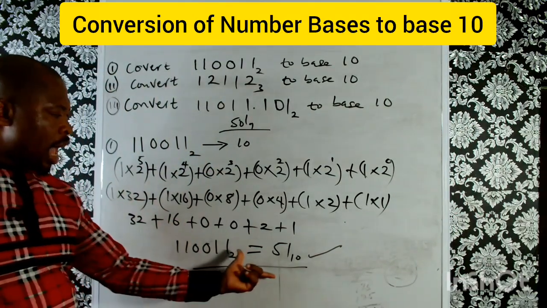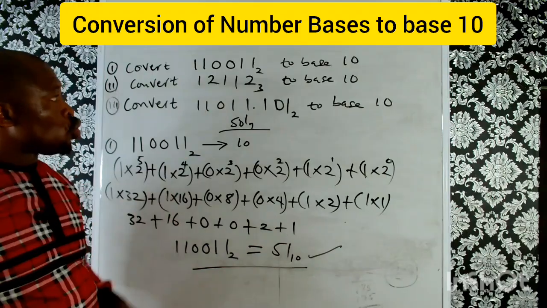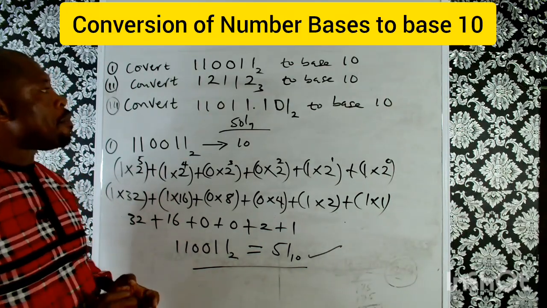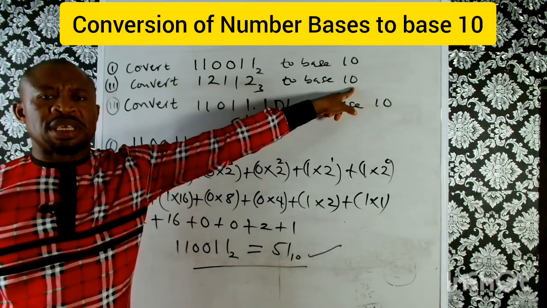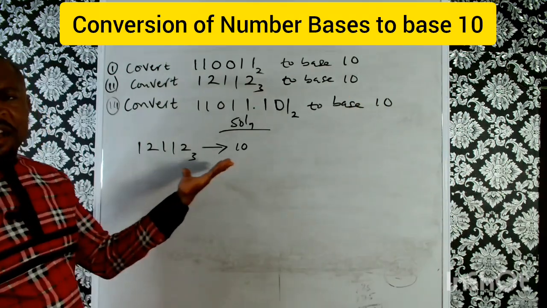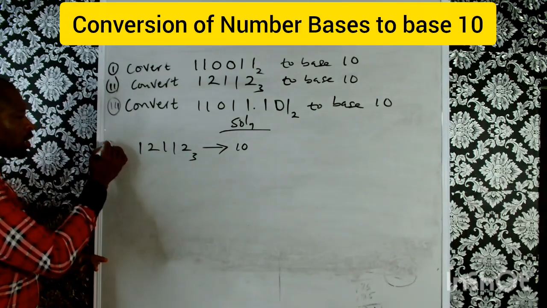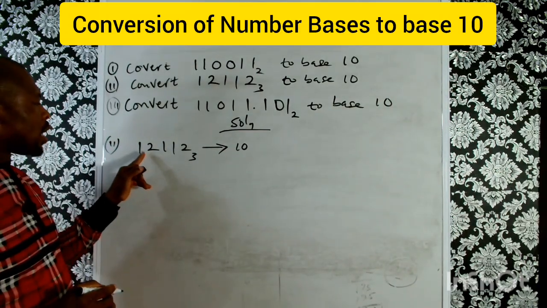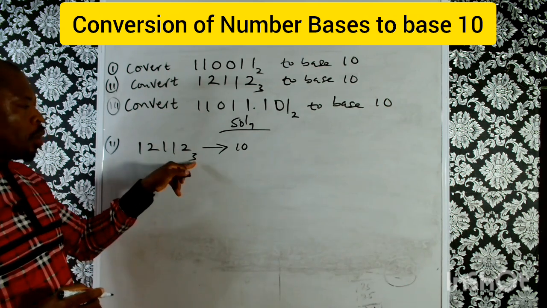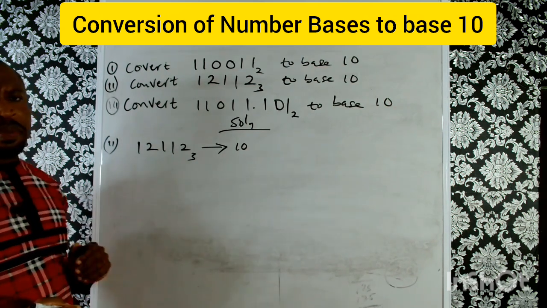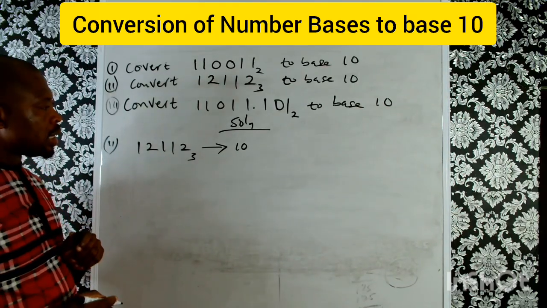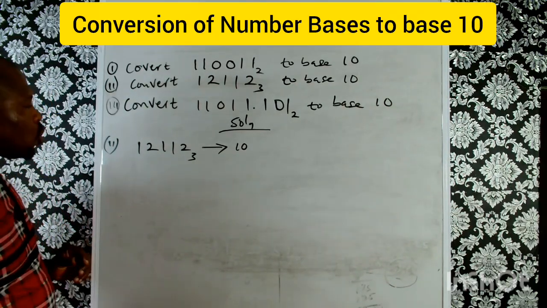Now, having gotten this, we are going to look at how we can convert from base 3 to base 10. The second one says that we should convert 12112 base 3 to base 10. Now, how do we do that?